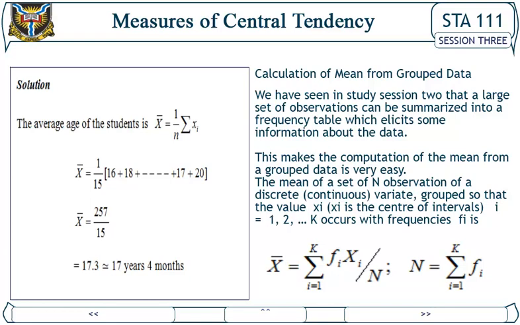The mean then gives 17.3, approximately 17 years 4 months.